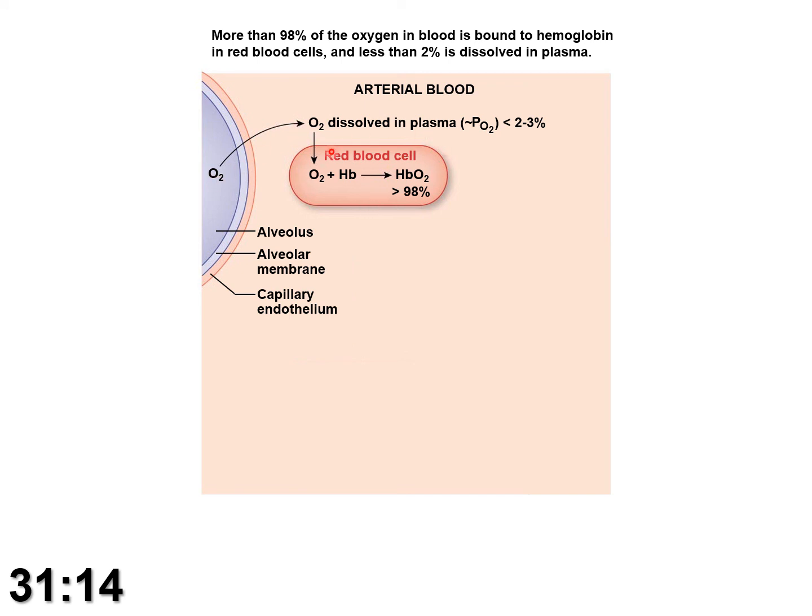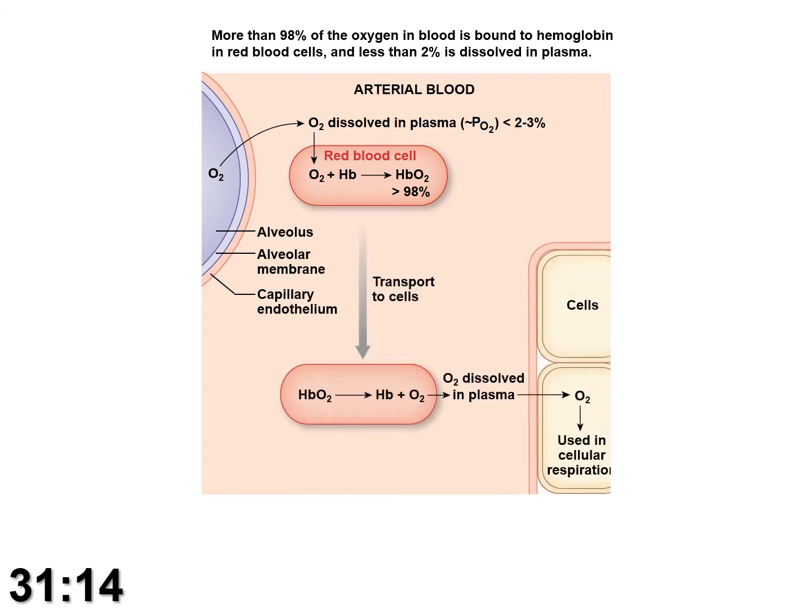That's the same story that we've talked about all semester. Now this red blood cell and plasma travels from the lungs to the tissues, so we transport it to the tissues in the systemic circulation, and we have the reverse going on. We have a diminishing concentration of oxygen inside the cells as it's being metabolized. Well, the oxygen that's dissolved in the blood plasma will diffuse in, again, law of mass action.